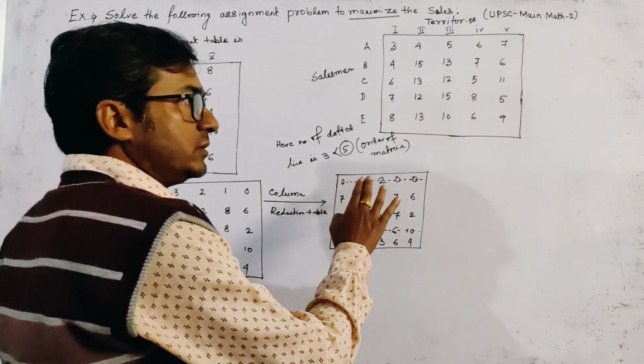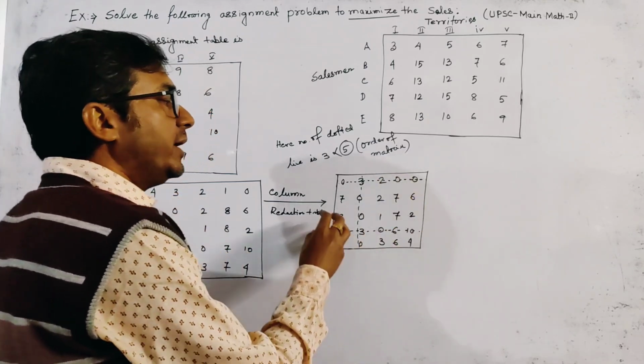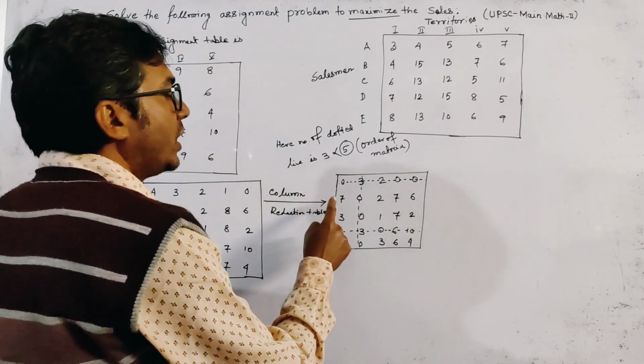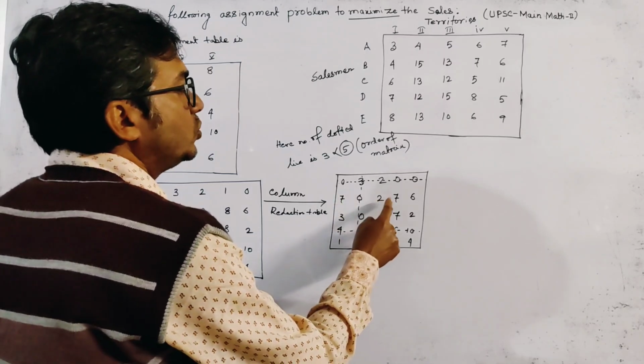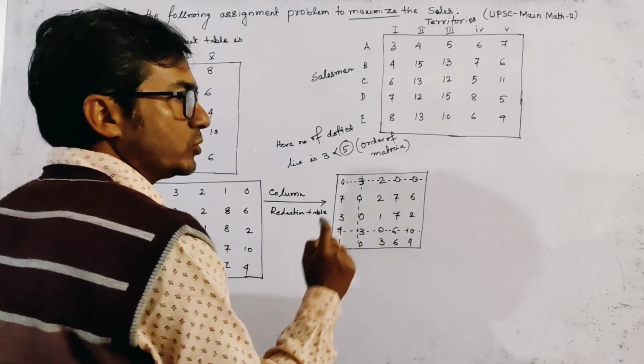We find the least element among all the elements in the uncovered positions. Here the uncovered positions have 7, 2, 7, 6, 3, 1, 7, 2, 1, 3, 6, 4.